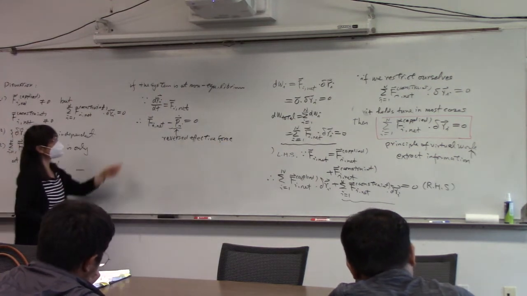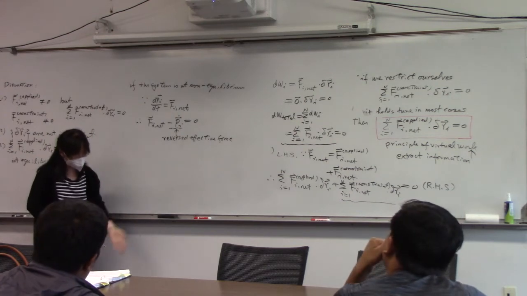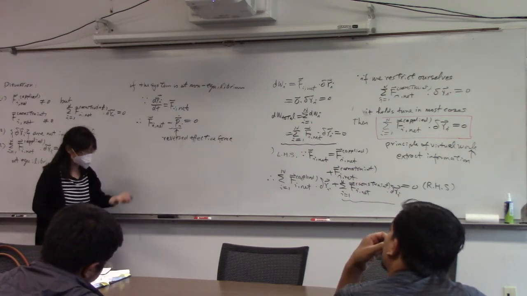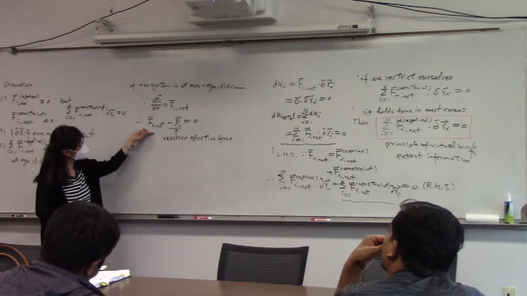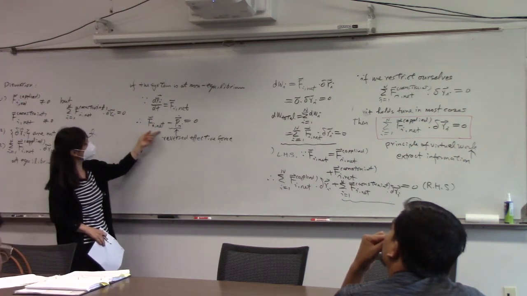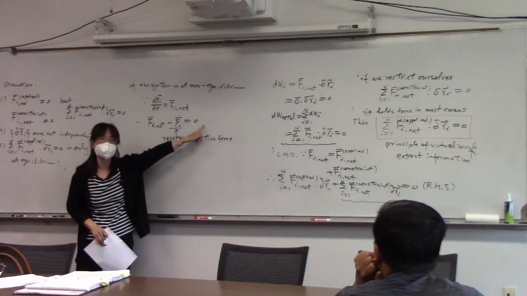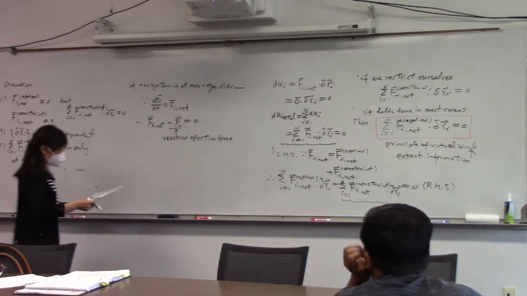So even if each particle is not at equilibrium, if the force on the i-th particle is the real net force plus the reverse effective force, then that gets 0, right? That is the important point.